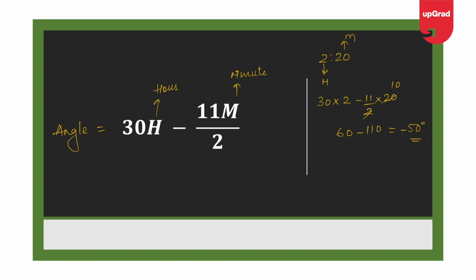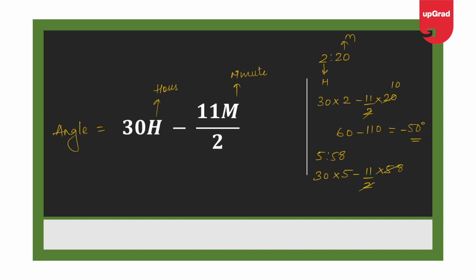But I said I do not recommend it because sometimes when the question twists, this formula actually fails or you will get confused. Let me use the same formula for the other question that we did, which is 5:58. So over here, I'm going to apply the formula directly. 30 multiplied by 5 minus 11 by 2 multiplied by 58.